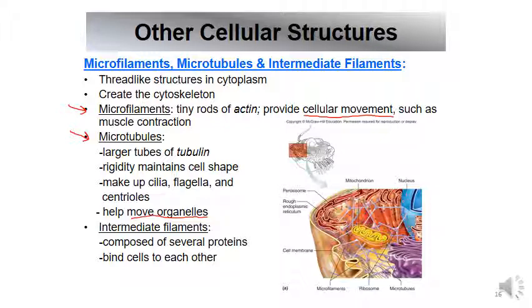They're kind of like moving things around. Think of it as like railroad tracks. And then intermediate filaments, these help to bind cells to each other. And so these are actually on the outside of the cell. Okay, so know the main functions of these different cytoskeletal elements. And so each of these create the cytoskeleton.